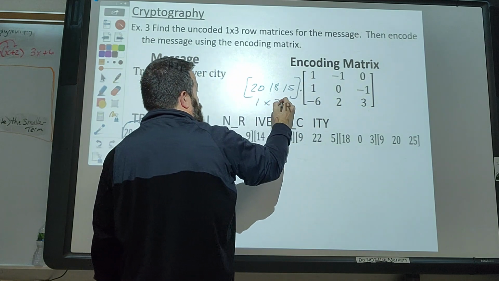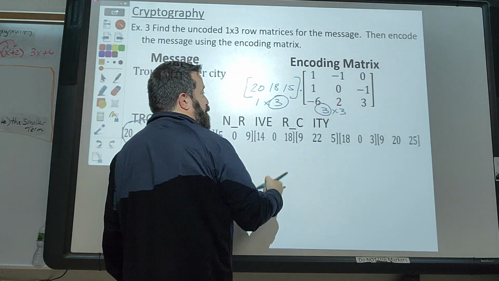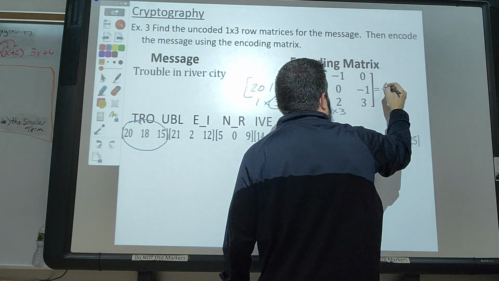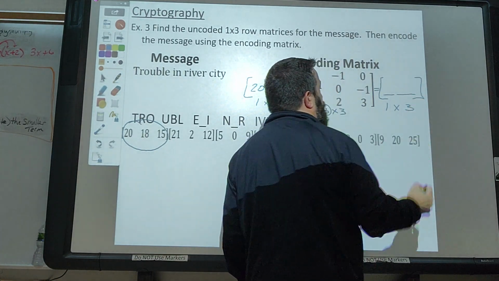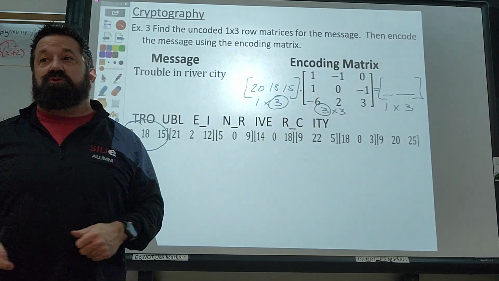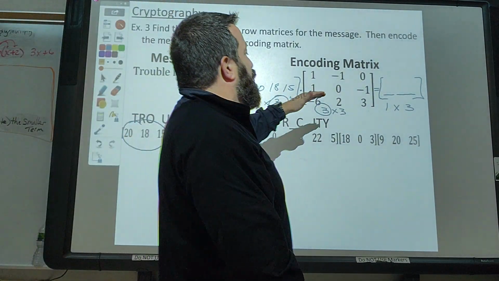And I can do this because this is a 1x3 and this is a 3x3. That's possible to do. When you get an answer, it's going to be a 1x3. So you're going to get 3 new numbers. Instead of having these 3 numbers that are easy to decipher, we'll have 3 completely new numbers.